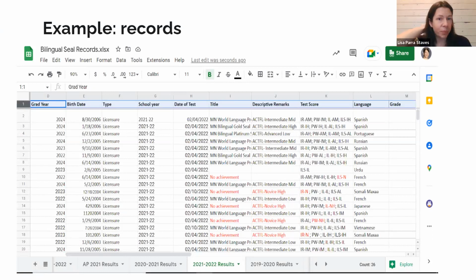Yes, here's an example. I've omitted student names for confidentiality, but here's an example of what your records could look like. I want to emphasize some really important parts, which would be graduation year, because you could have students in 10th grade, 11th grade, and 12th grade all testing at the same time on the same day.